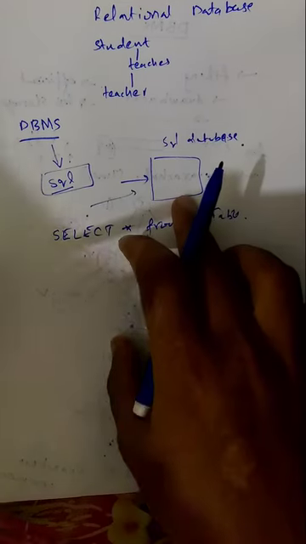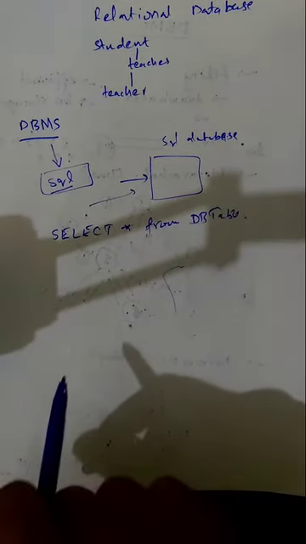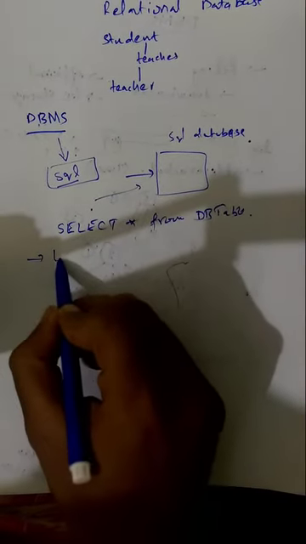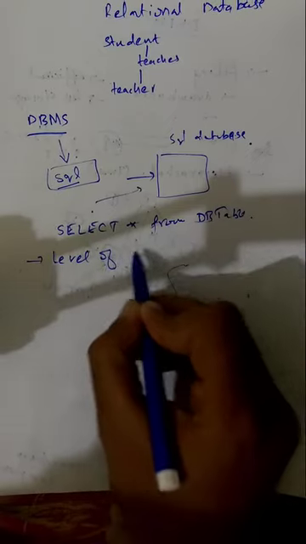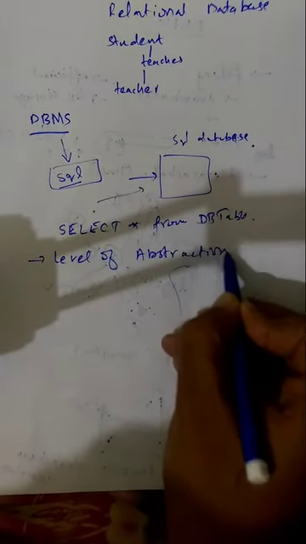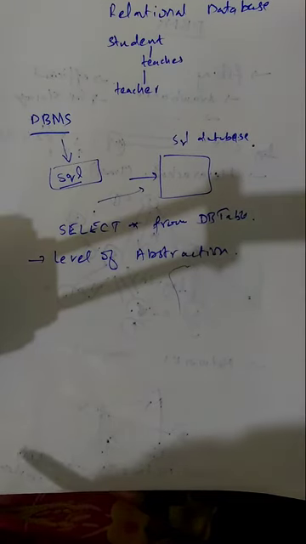There are many terms which we need to know before getting started. The first thing is level of abstraction. In databases, there exist many complexities.